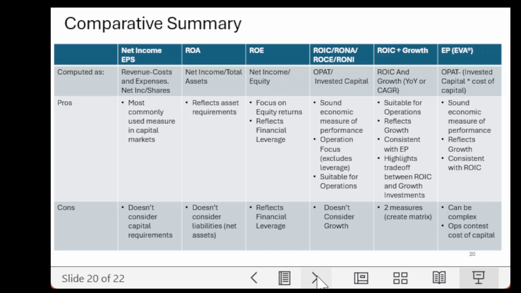It can be complex if applied in the absolute technical sense because the creators suggest a lot of adjustments to the reported accounting results. And while all of those have merit, all of those adjustments to get to a better measure, sometimes it can cloud the relationship between earnings, which will always be important, accounting earnings, and this economic measure.